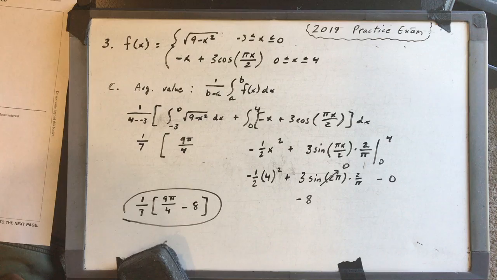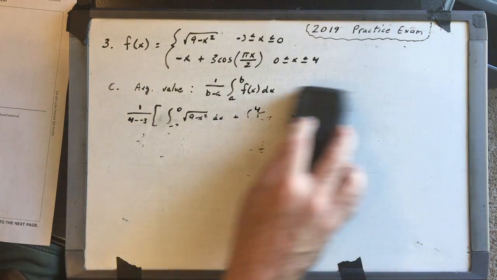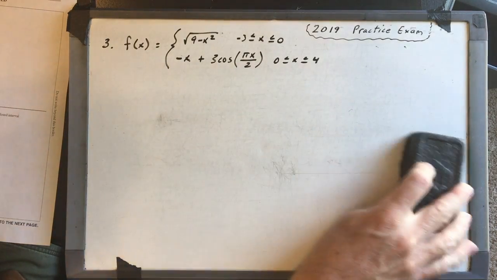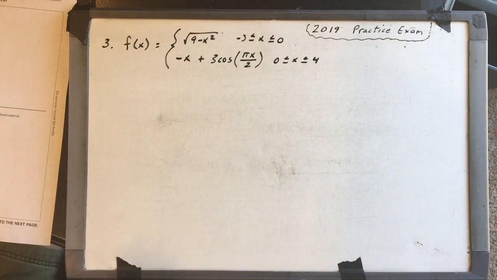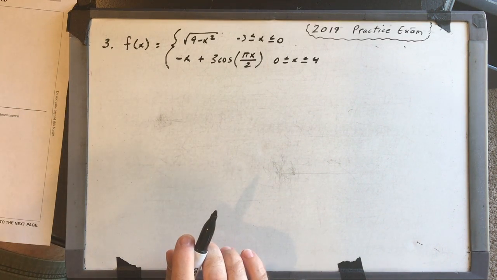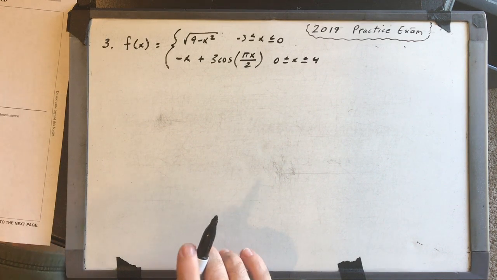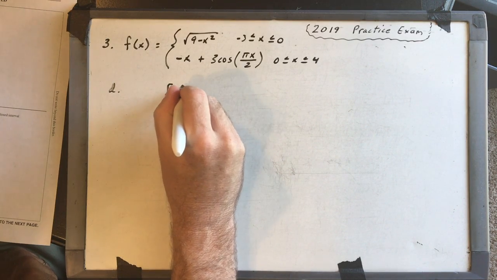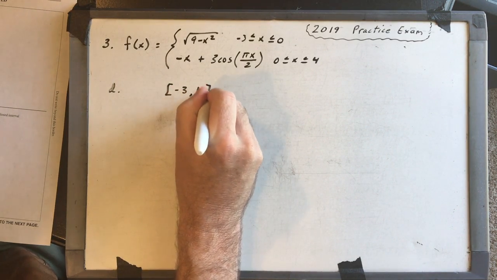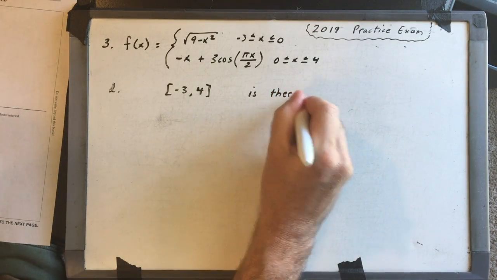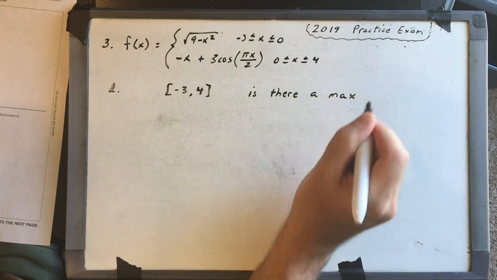All right, let's look at part D real quick. Part D comes from early in chapter 2, so absolutely fair game. I can see him trying to see if you understand this. It says, must there be a value x that attains an absolute maximum on the closed interval? So on that closed interval, negative 3 to 4, is there a max?